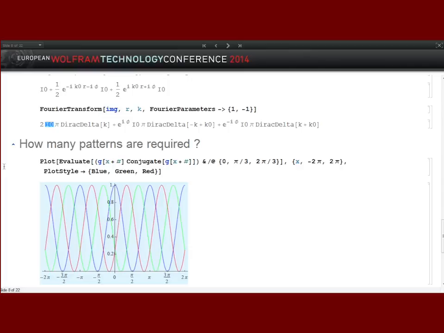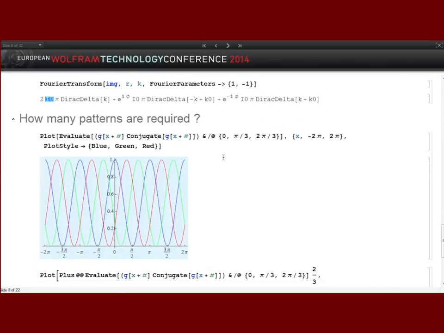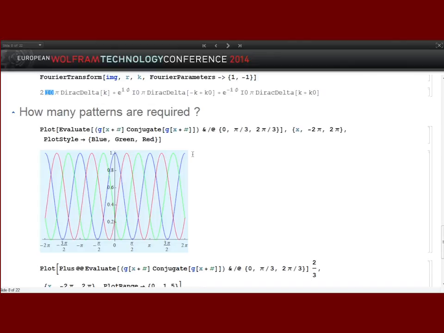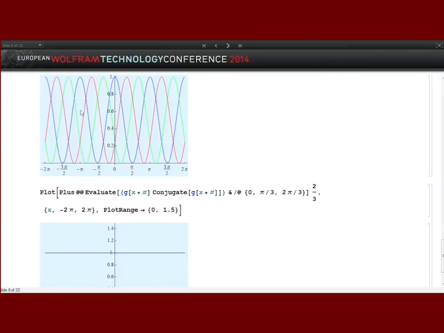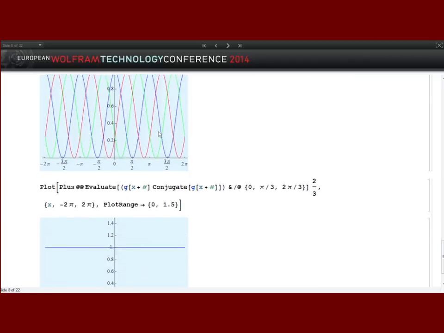The question is, can I retrieve this information? And the question is, how many of those patterns do I actually require? A simple idea for how you can address this is, if we now generate, let's say, 3 of those patterns and just phase shift them, and generate here these 3 patterns, which are here now in red, green, and blue, and then add those patterns, which I do down here.